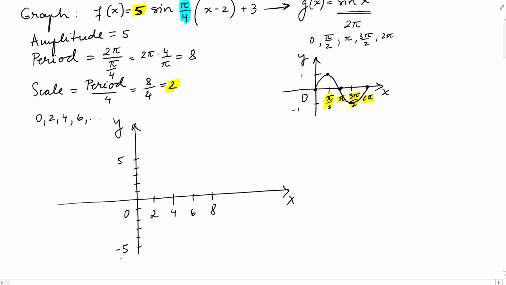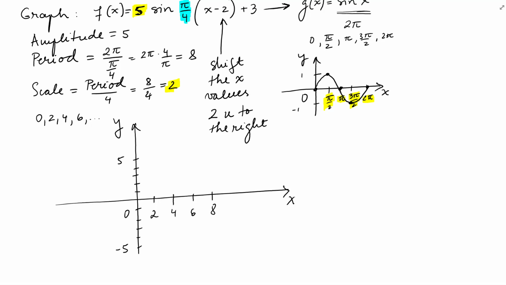Then we have to shift the x values 2 units to the right. So basically, the actual points that we are going to use for f of x are going to start at 2, right? 0 plus 2, and then 2 plus 2 is 4, 4 plus 2 is 6, 6 plus 2 is 8, and we have this one more.